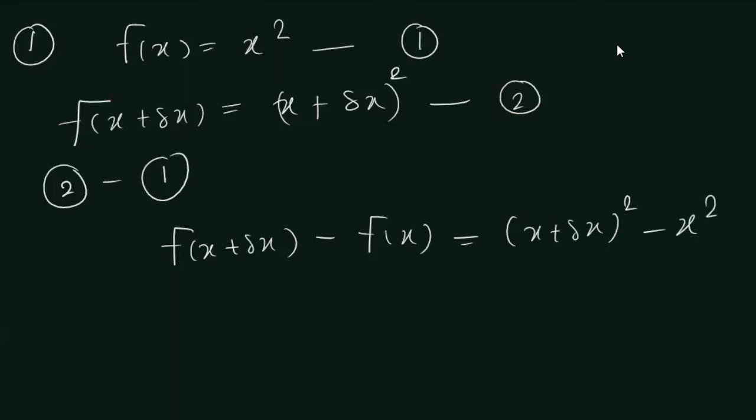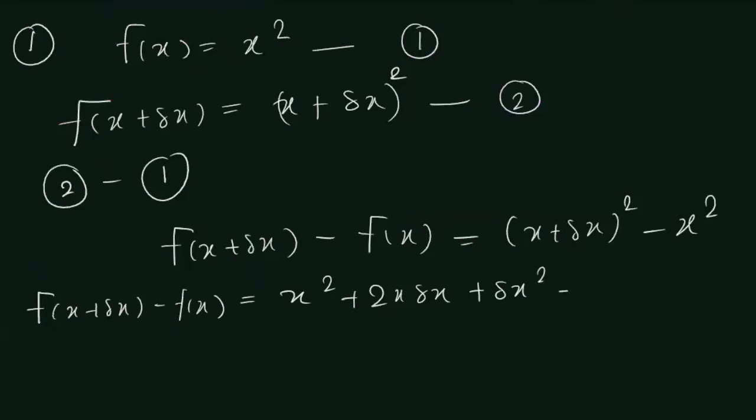Let's expand and see. f x plus delta x minus f x is going to be x squared plus 2x delta x plus delta x squared minus x squared. It's a perfect square, so you just have to expand that.